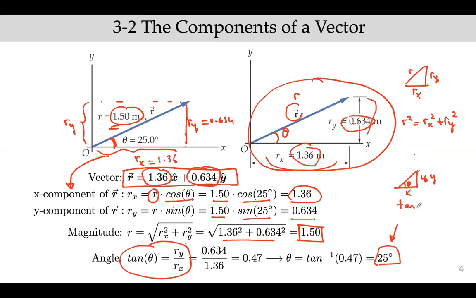As long as you know these definitions, you can easily calculate these quantities. So that was basically just a review of basic math, trigonometry, and vectors and components.